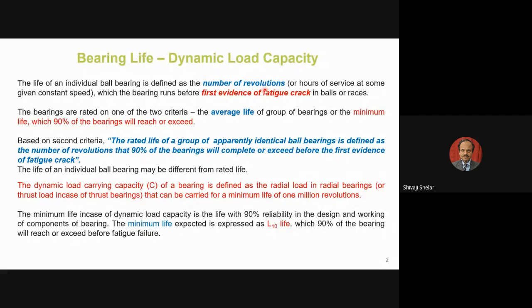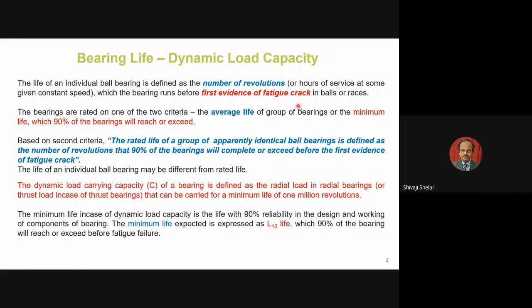That is one way. The other way is hours of service at constant speed. If your application is a constant speed application, then how many hours the bearing runs before the first evidence of fatigue crack in balls or races.